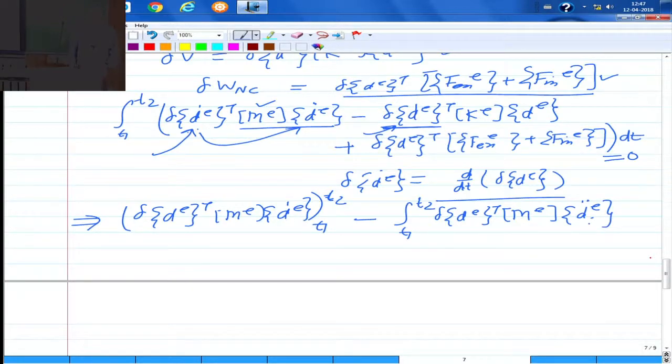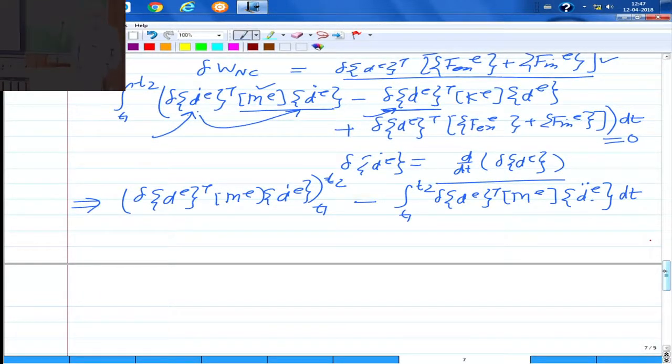This is what you get when you do the integration by parts for the first term. Then of course the rest of the terms: the integral here I separated out, so you can write it as T1 to T2 of delta of dE transpose into KE into dE dt.